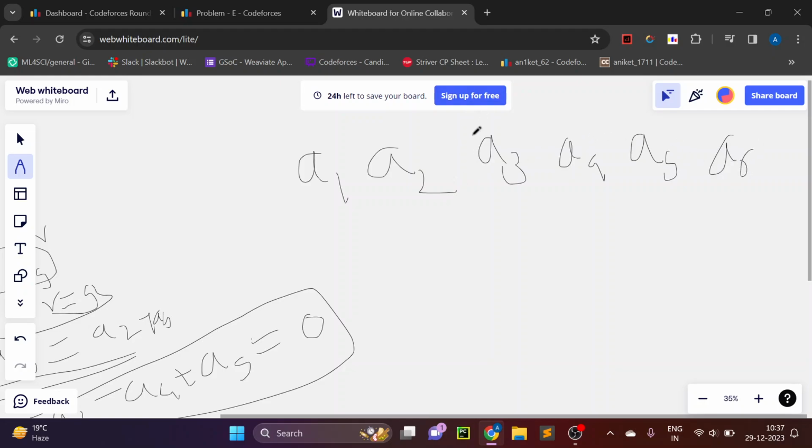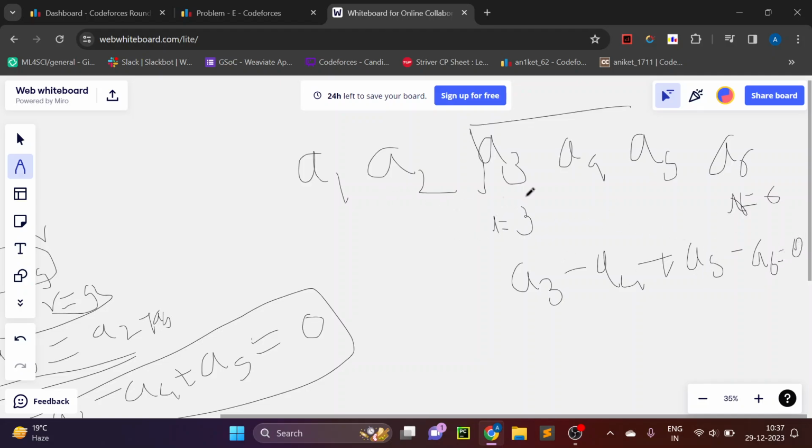Now if I have to check A3 to A6, let's say from L3 to R6, the sum A3 minus A4 plus A5 minus A6 is 0.